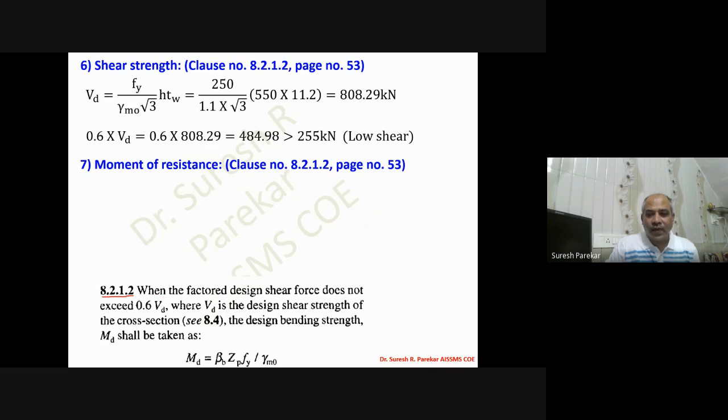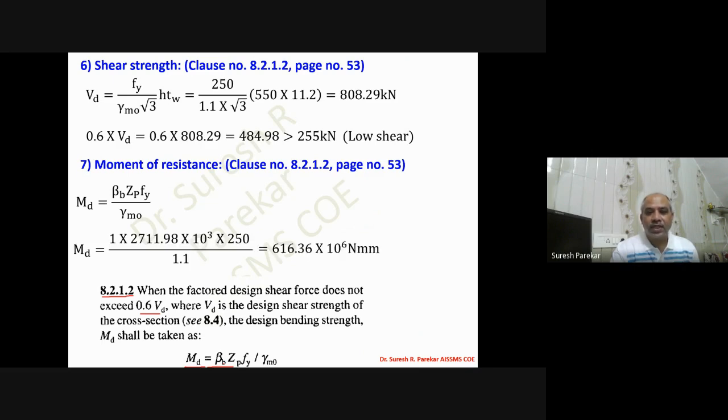When the factored design force does not exceed 0.6 Vd, we find Md using this formula: Md is beta b Zp Fy upon gamma mo, which will be 616.36 into 10 raised to 6 Newton millimeter. This is greater than 541.88 kilonewton meter, so this section is sufficient and can resist the load coming on it.